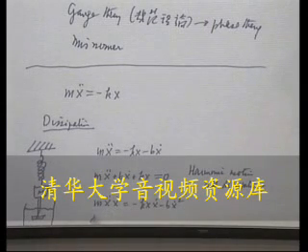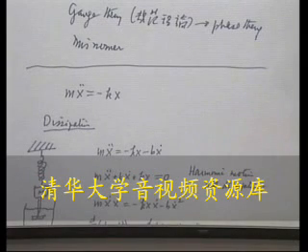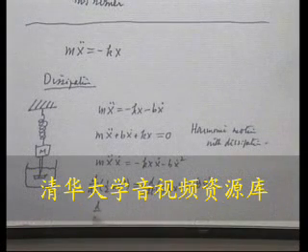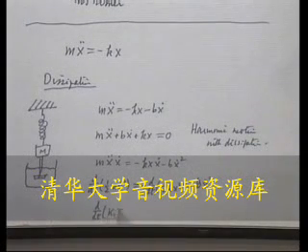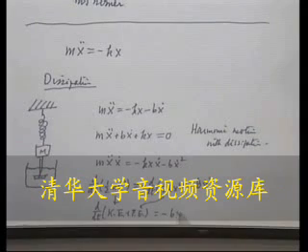But this is equal to d/dt of 1/2 m x dot squared is equal to minus d/dt of 1/2 k x squared minus b x dot squared, or d/dt of the kinetic energy, that's this term, plus potential energy, that's this term, is equal to minus b x dot squared.